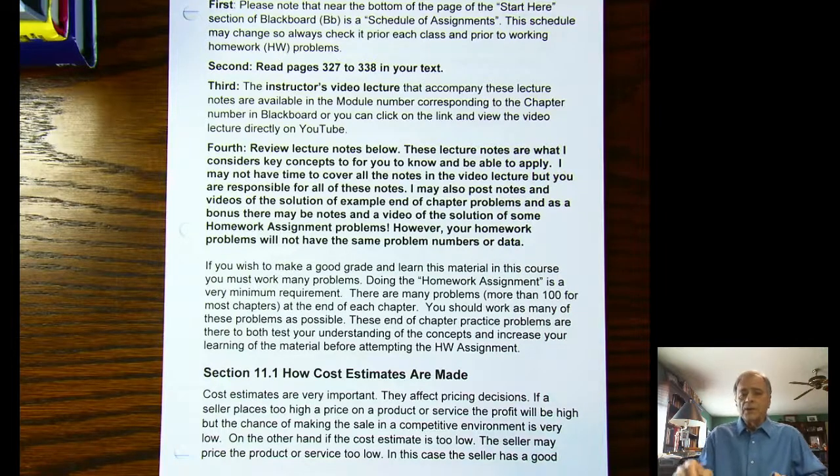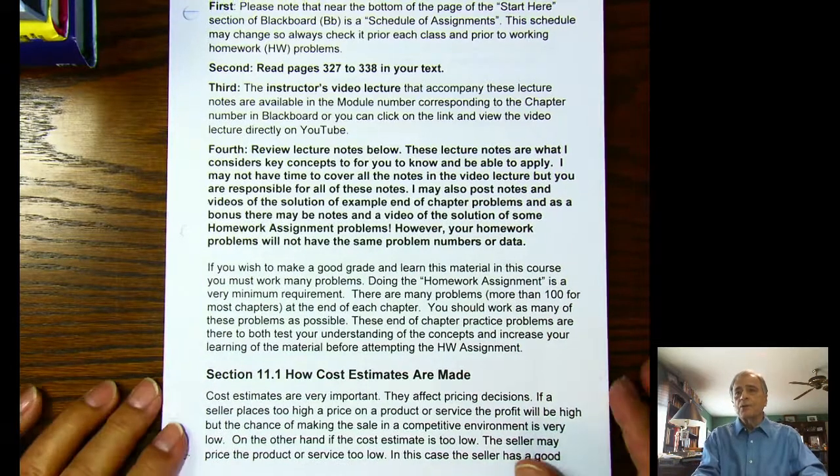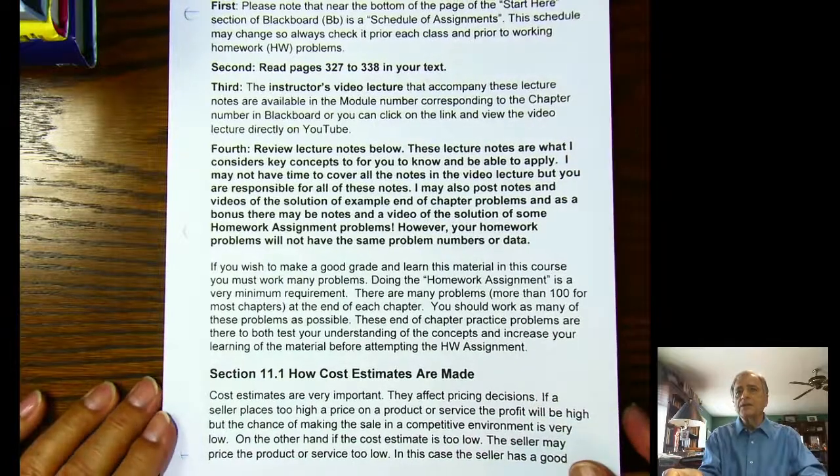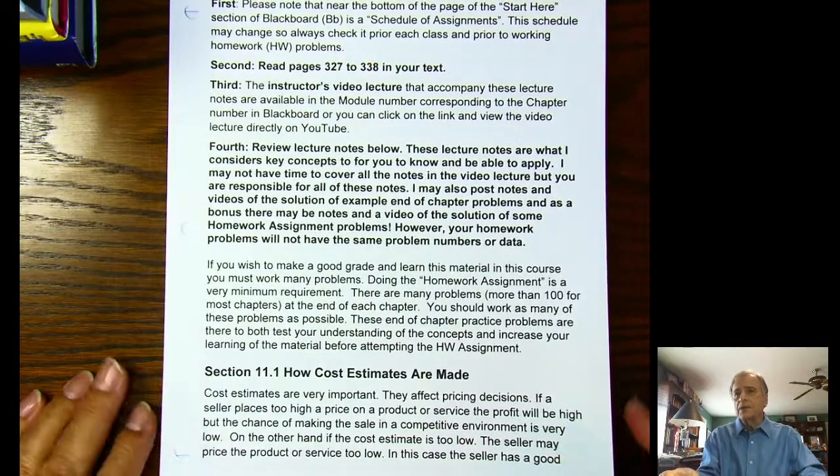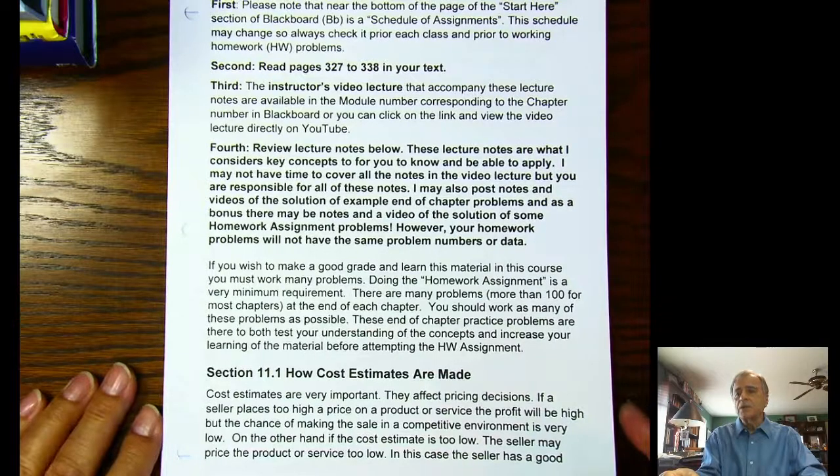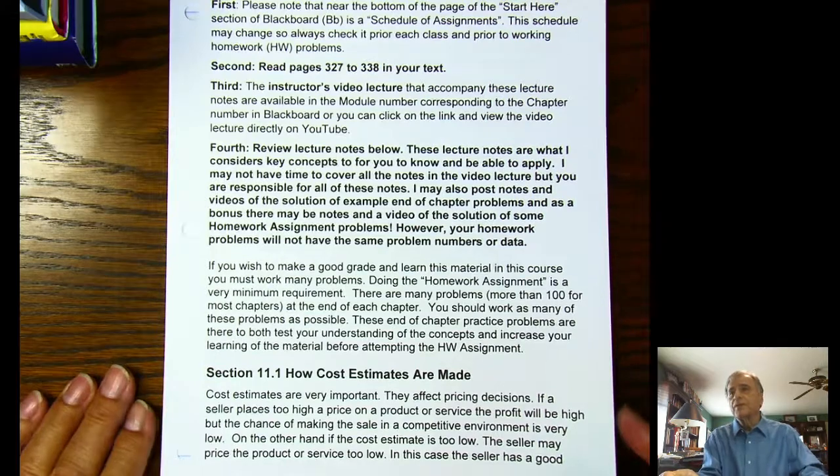We know that if we price a product or a service too high, we'll make quite a bit of profit, but we may not make very many sales because our competitors will beat us on price, and so we'll miss out on sales. If we price a product too low because our cost estimate erred on the low side, we will be very competitive on price, but we won't make any profit.